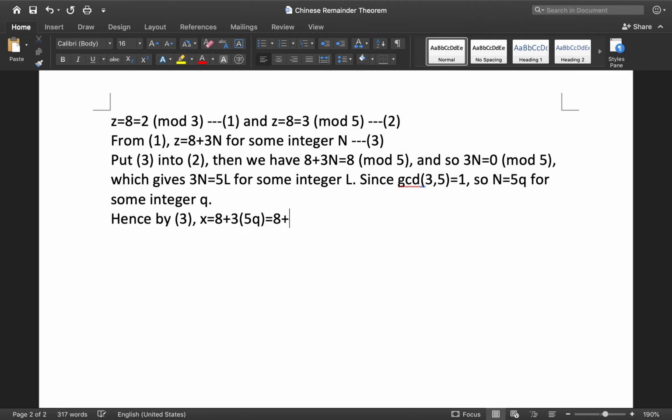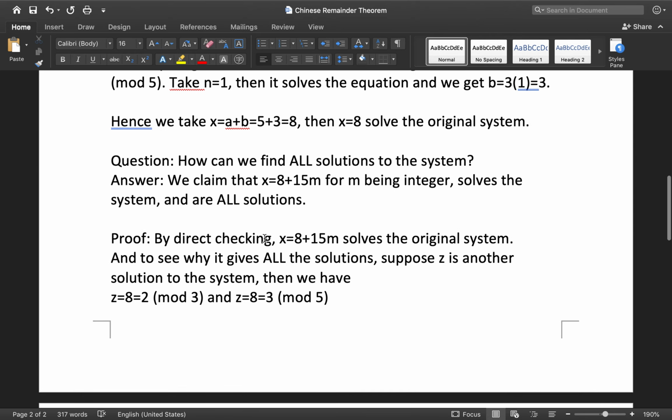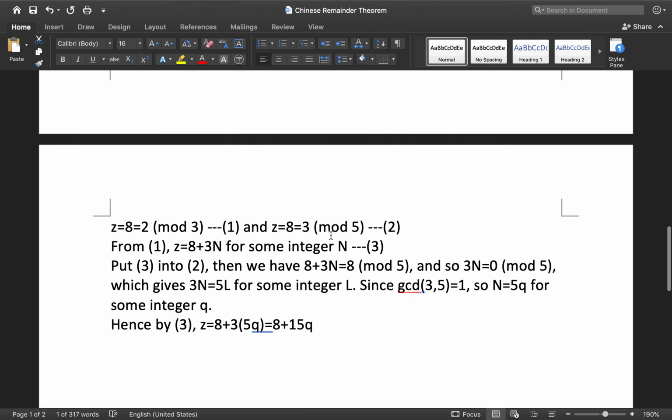Sorry, not x, but z. So even though you may have any other solution to the problem, after this analysis you can show that z must be equal to 8 plus 15 times some integer q, which is exactly this form. So you solve the problem.